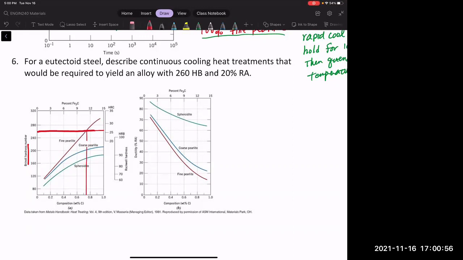If you want to generate fine pearlite, then you go straight down to find the composition, and here it is about 0.73. Then you look at the right-hand side: 0.73 is about here, and you go straight up.